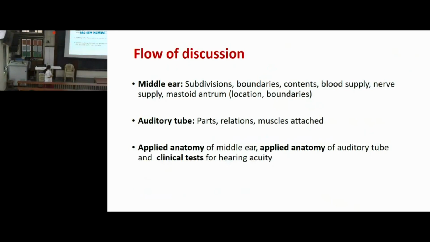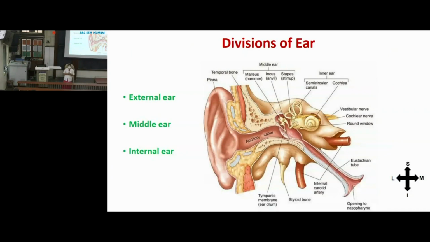We'll cover middle ear under these headings: subdivisions, boundaries, contents, blood supply, nerve supply, the details of mastoid antrum, like location and what are boundaries of mastoid antrum, auditory tube, parts of auditory tube, relations of auditory tube, and the muscles which are attached to auditory tube, and then applied anatomy of middle ear as well as applied anatomy of auditory tube, and then we'll have a look at the clinical tests which are available for testing hearing acuity.